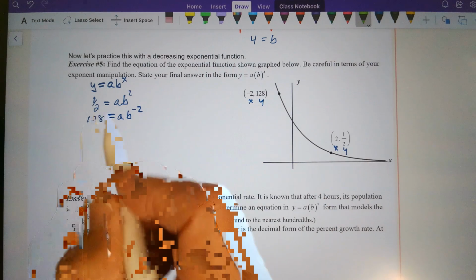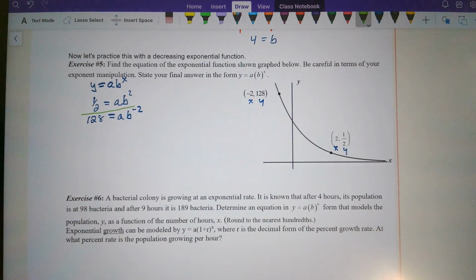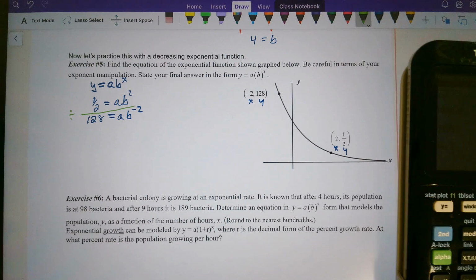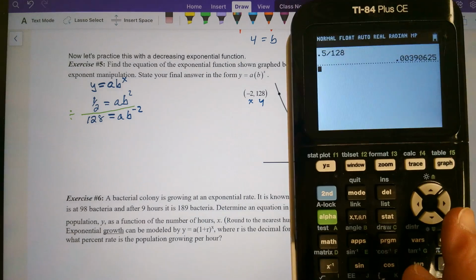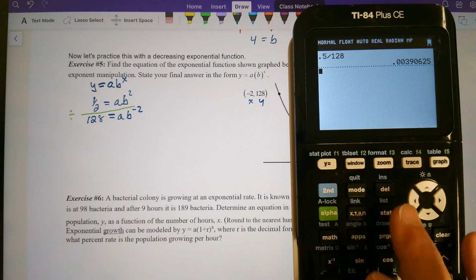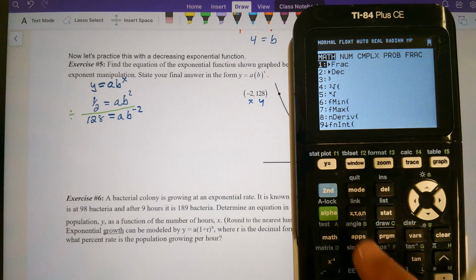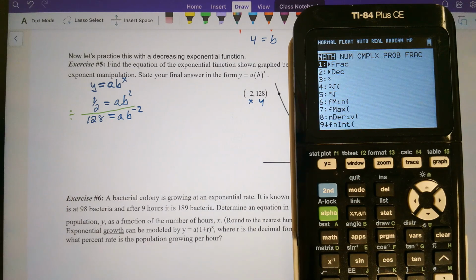Next, we divide these two equations. Right? This is a division line. 1/2 divided by 128. 1/2 is the same as 0.5 divided by 128. Well, we get this decimal, all right? I'm going to hit math, and then number 1 is for fraction.